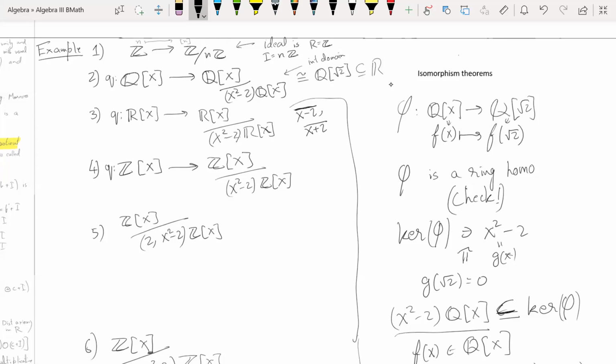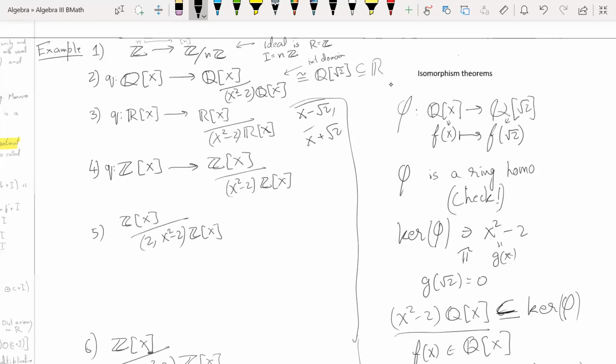Shouldn't it be x minus root 2 and x plus root 2? Yes, you're right: x minus root 2 and x plus root 2. Maybe I'll write it more clearly. You look at x minus square root 2 and x plus square root 2.